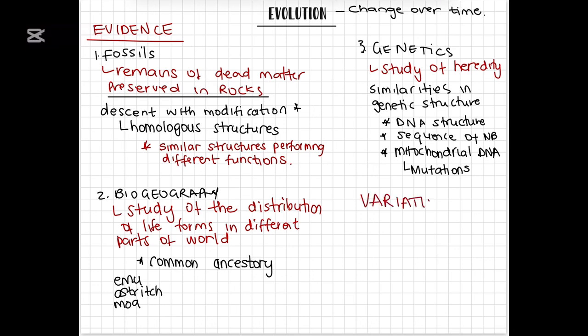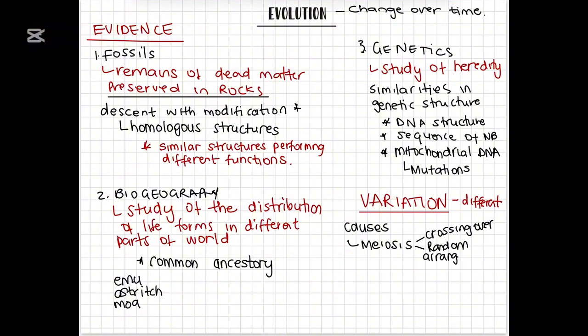Now, organisms show a great deal of variations. Although they have similarities, they are still different. Even within the same species, there is a lot of differences. So can you imagine across different species? Now, what causes variation? In the examination guidelines, we look at meiosis, crossing over at prophase 1, random arrangements of chromosomes at the equator during metaphase.